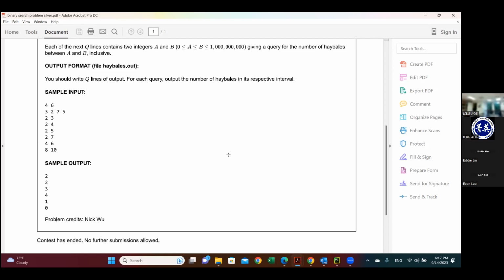Let me go into more detail. If I have the numbers 1, 3, 5, 7, 9, and now I'm looking for the number 6.